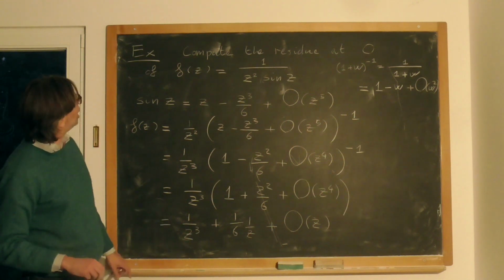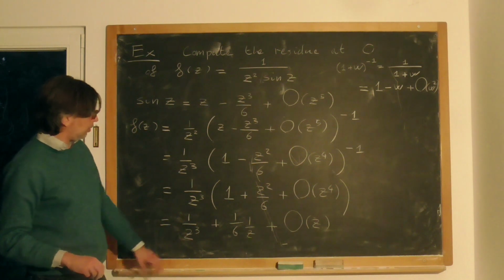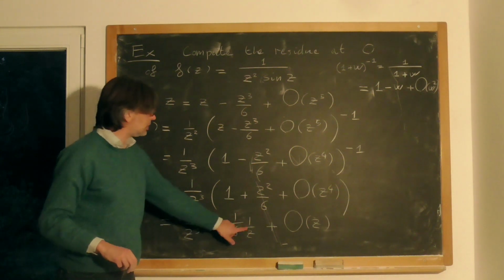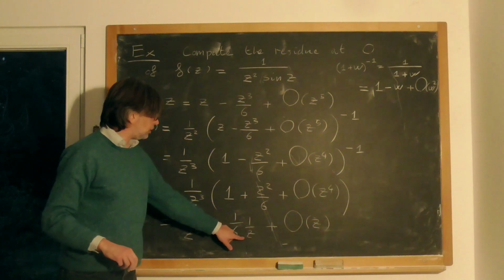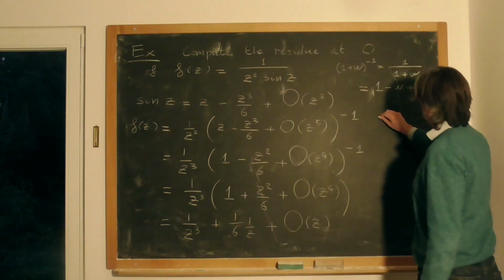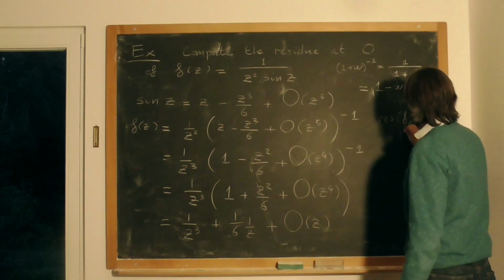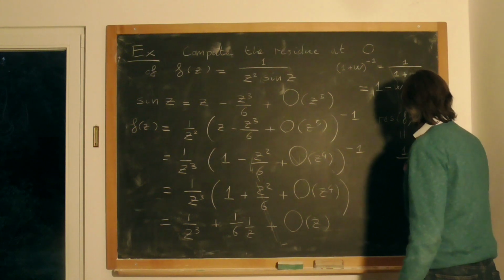This power 3 corresponds to the order of the pole, but the residue is the coefficient of the term 1 over z. So in our case, we obtain that the residue of this function at 0 is 1 over 6.